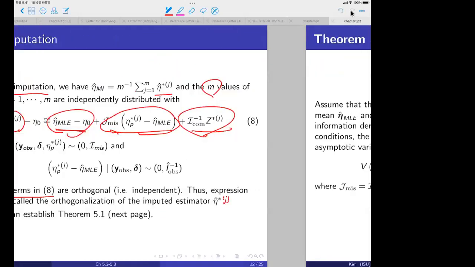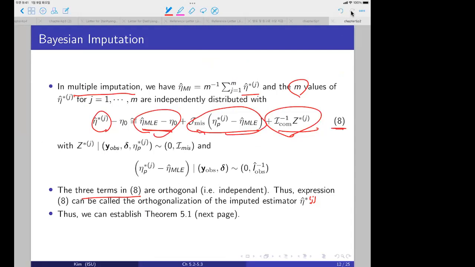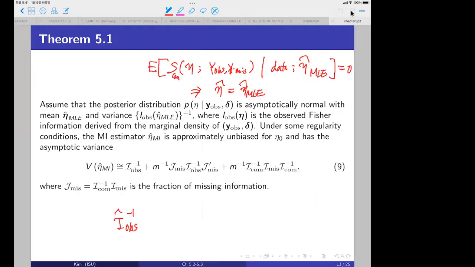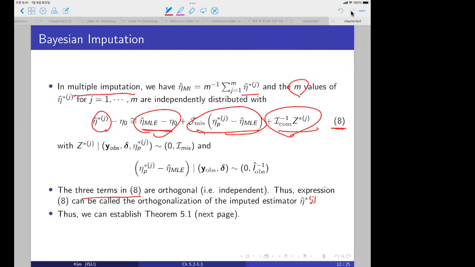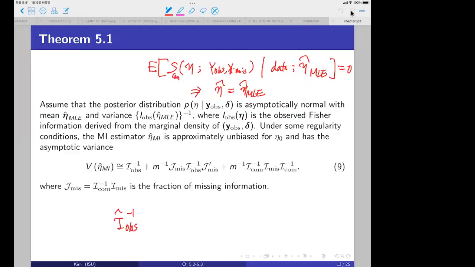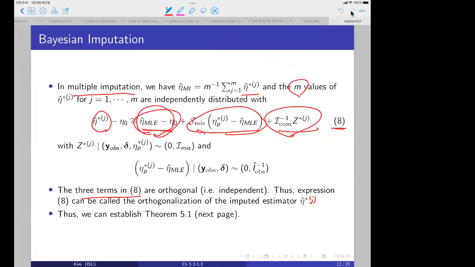Once you understand this 8, the variance formula itself should be clear. The variance of the MLE is this term. The variance of this term is J miss, a kind of missing information fraction, I miss, I comp inverse, something like that, and this is variance of OBS.